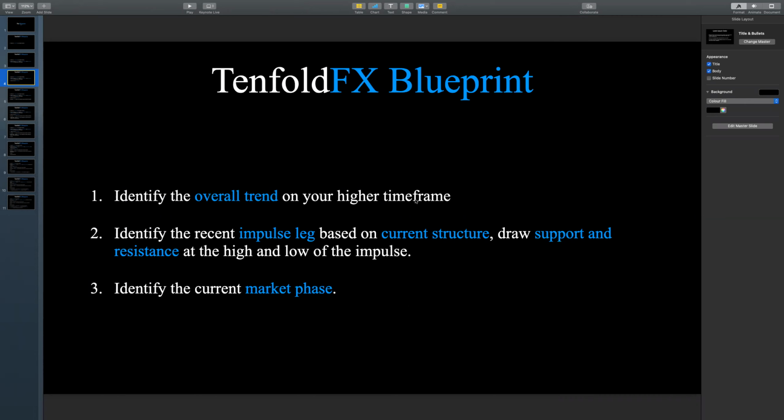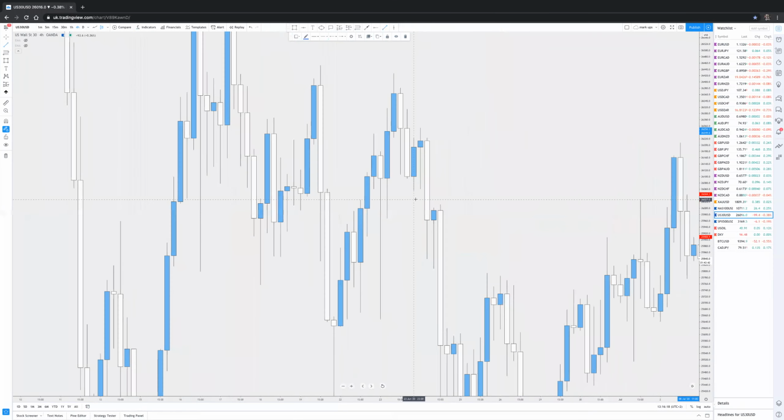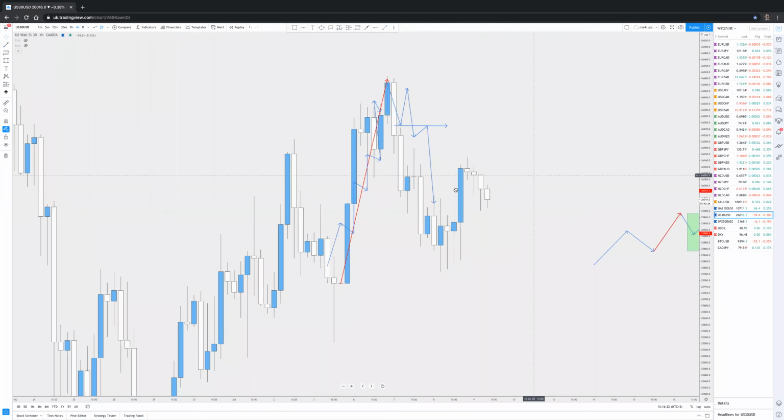You may use M30 as your higher time frame, and then just look at the smaller structures to get in on quick trades, bank a quick 10 to 50 pips, and be out basically. So just so that we clear that up, let me move forward here.